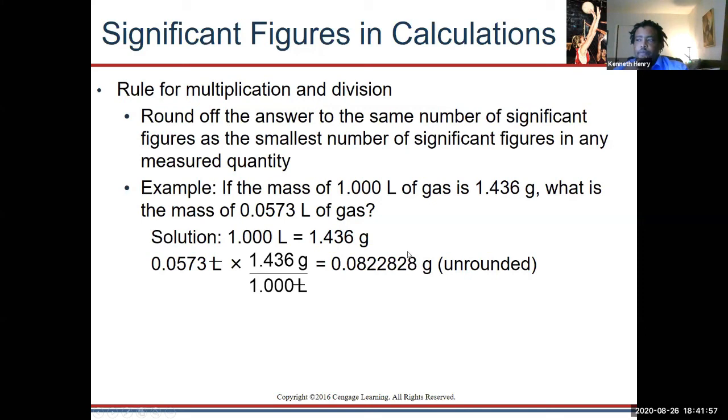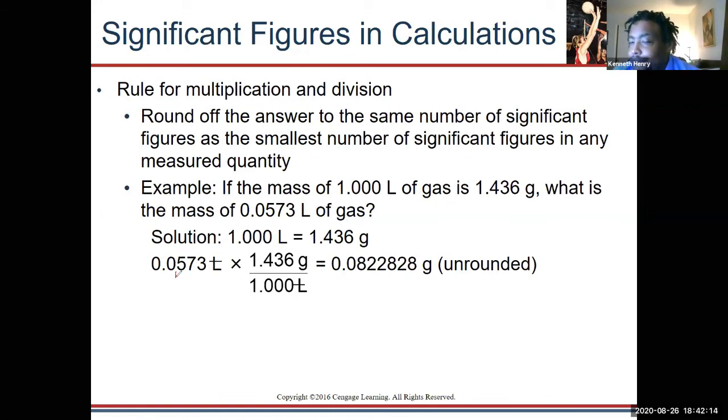Okay, so here's our number, unrounded. Which one has the least number of significant figures? How many sig figs does this one have? What do we say about those leading zeros? They're not significant. So then how many sig figs do I have? 3.